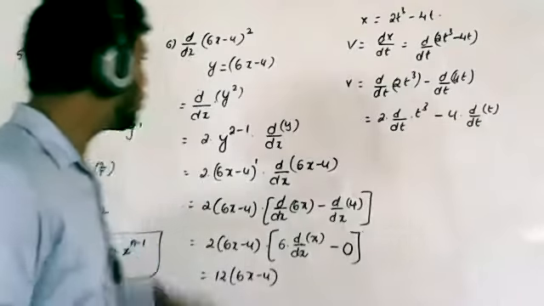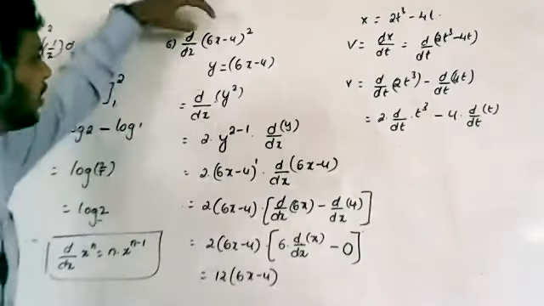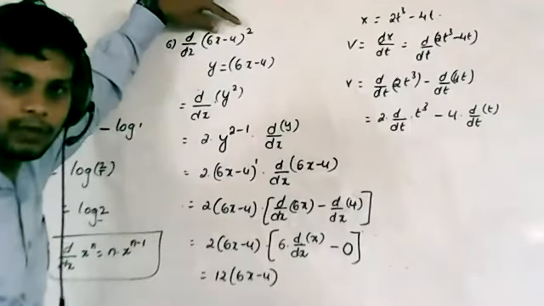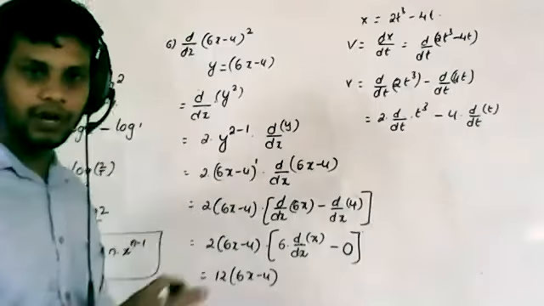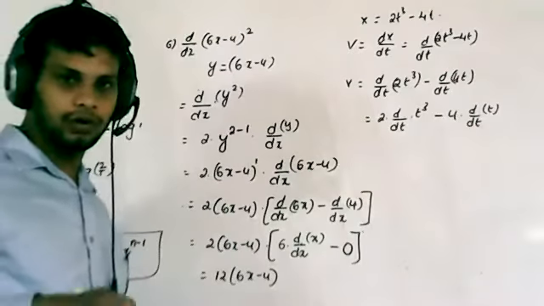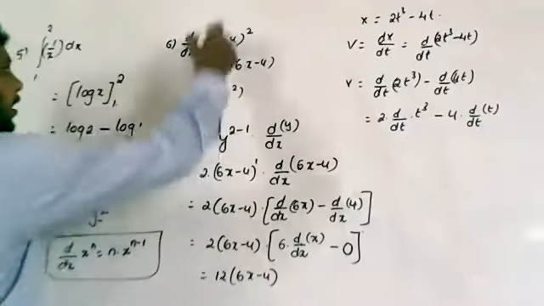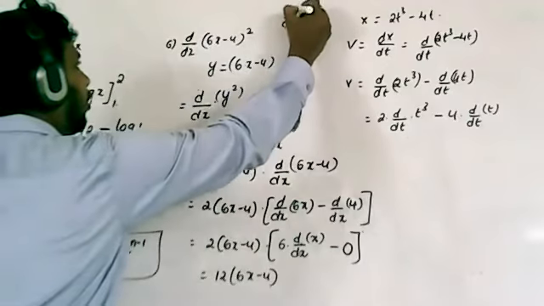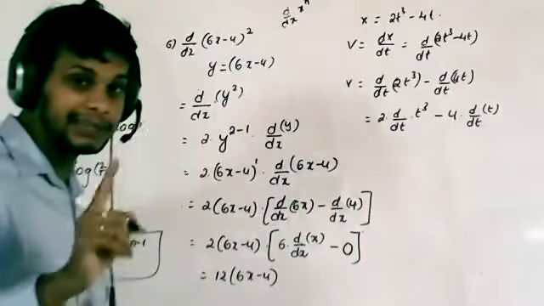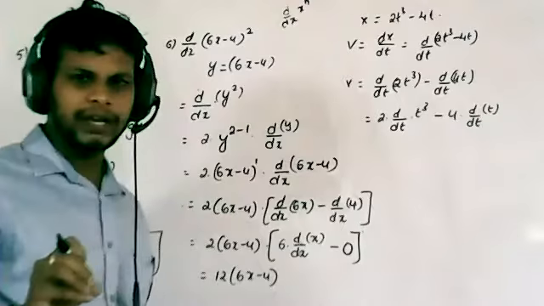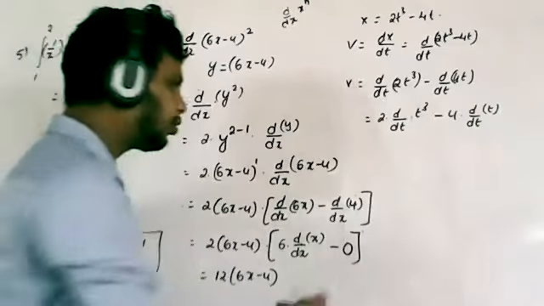Why did I take dy by dx again? Because for 6x minus 4 we don't have a direct formula. You have the formula d by dx of x to the power of n. x is a variable, but you can take any letter.